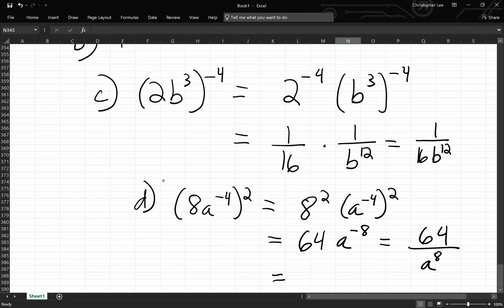I should have wrote that. 64 over 1 times 1 over a to the 8th power, which becomes that. You don't have to. If you could see it, then go ahead and do it. When it's positive, you see how it's 8, then that goes in the denominator. All right. Any other questions? Are we good? Good. Go ahead. I'll make it smaller. Gotcha.